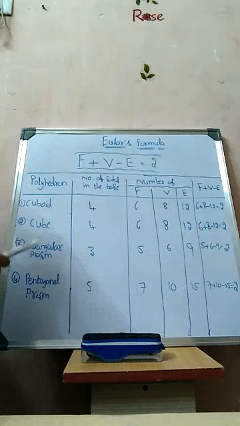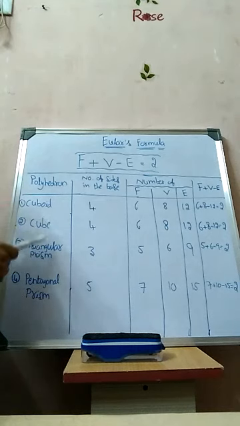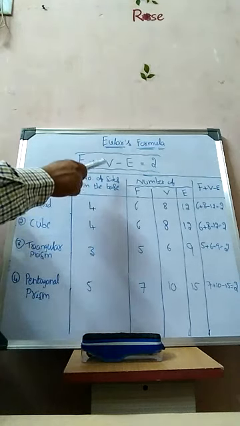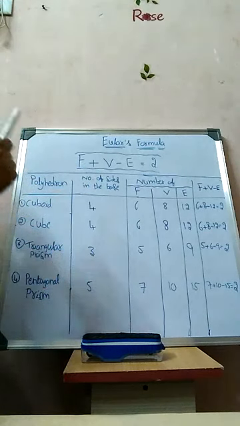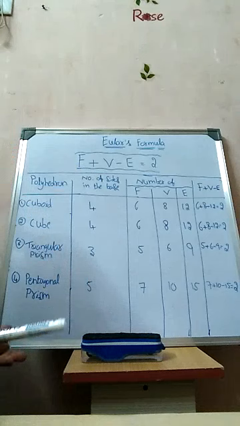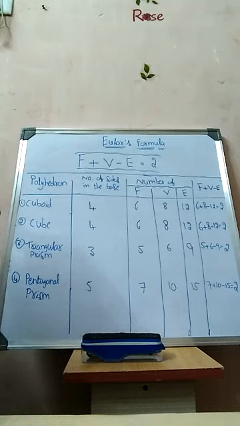And this time I took a triangular prism. For triangular prism, the number of sides in the base is 3. Why? Because its base is triangular. Clearly each side has one face.